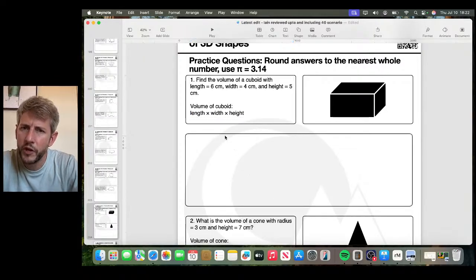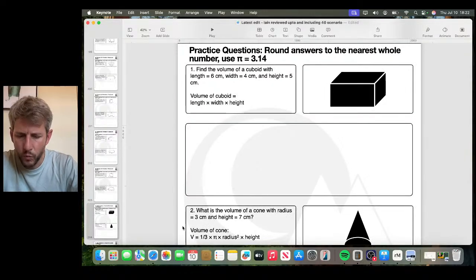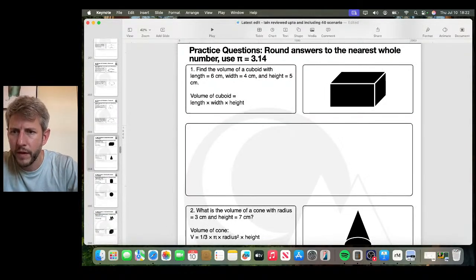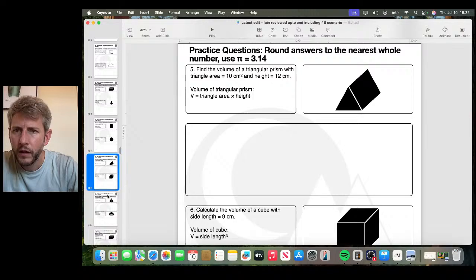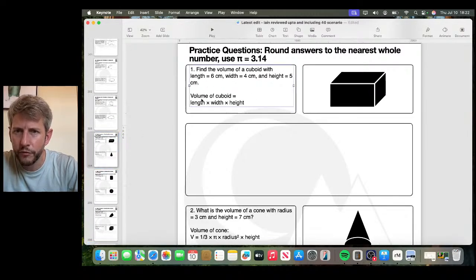Volume of a cuboid is length times width times height. Right, why have I done it like that? One second. There must be a stylistic thing. Okay, I've done it throughout the whole thing. I'm going to actually keep that as it was. It doesn't throw anything off.